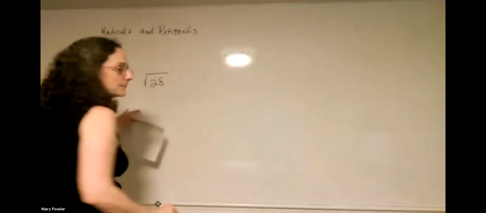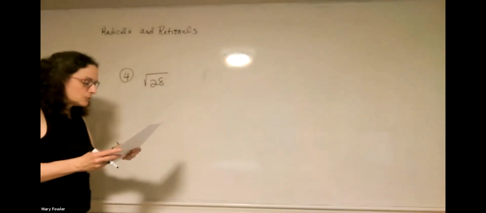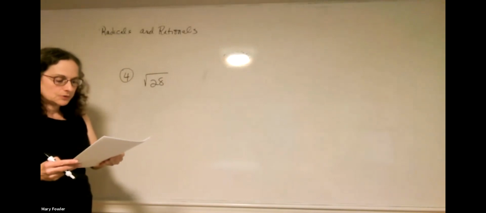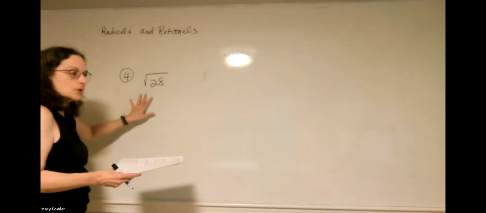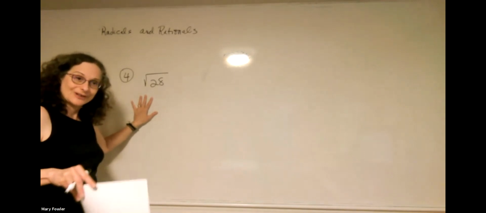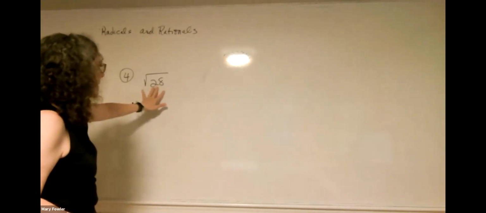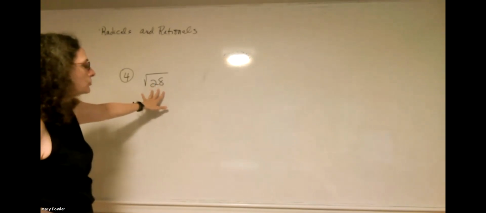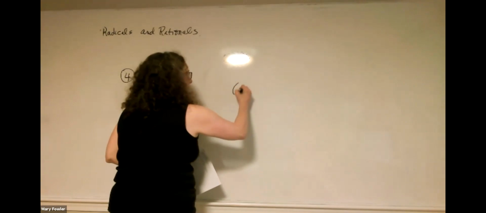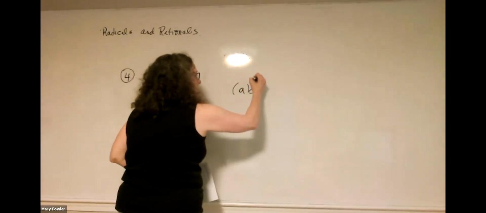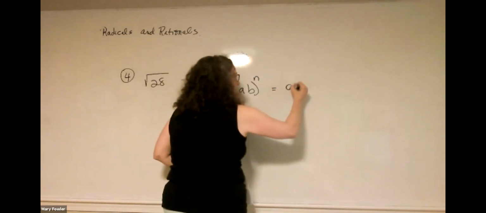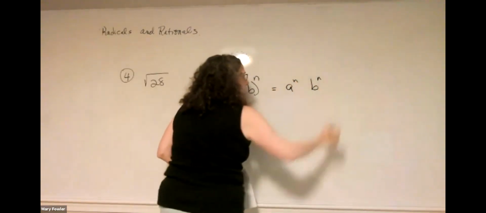And jumping down to number 4, we're asked to use the product rule to simplify the expression. In the video on exponents, Exponents Part 1, the product rule tells us that a times b all raised to some power n is equal to a to the n, b to the n.